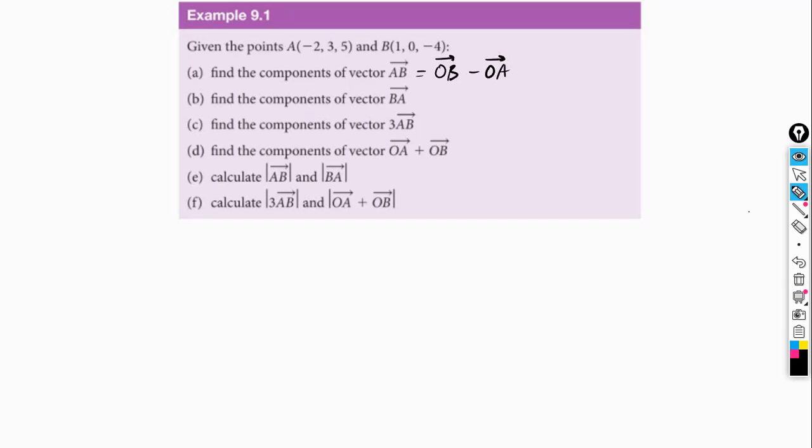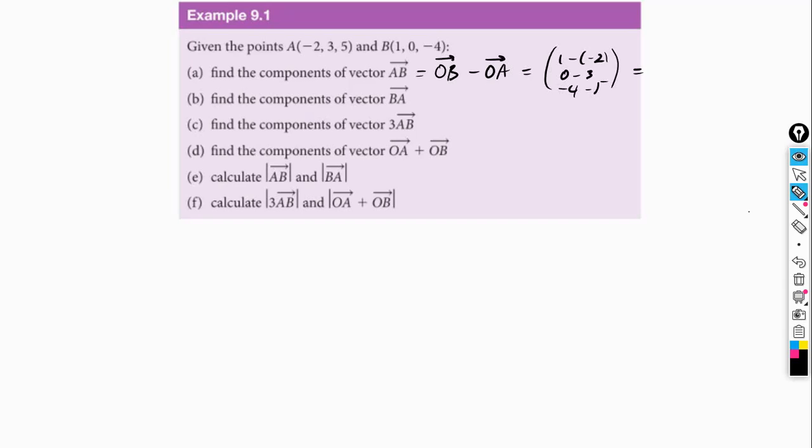And since we have the components, this is just going to be 1 minus negative 2, and then we would have 0 minus 3, and negative 4 minus 5.